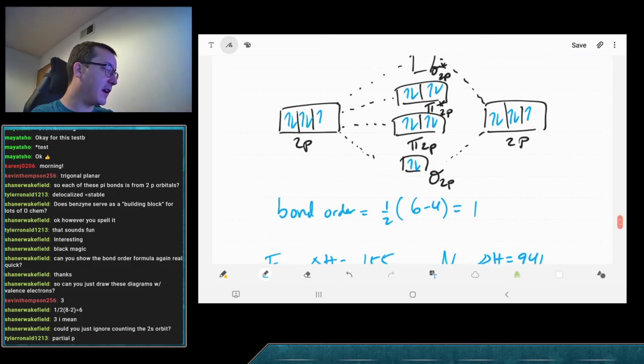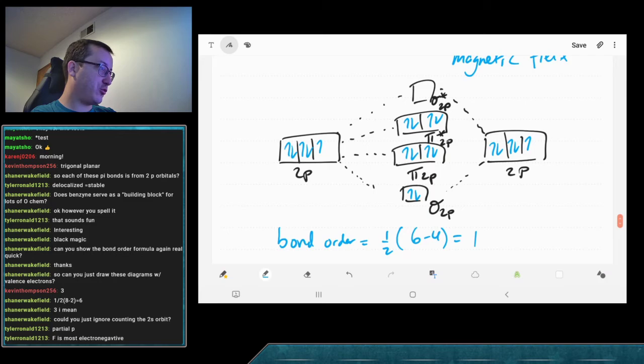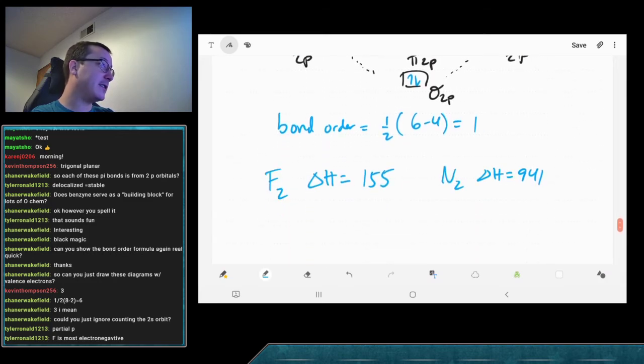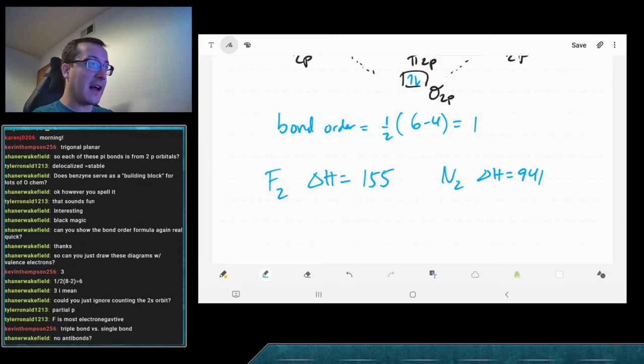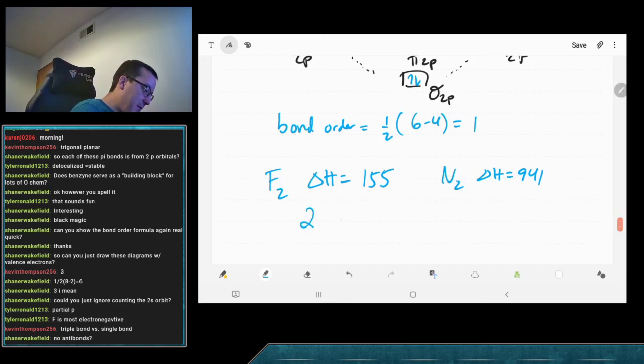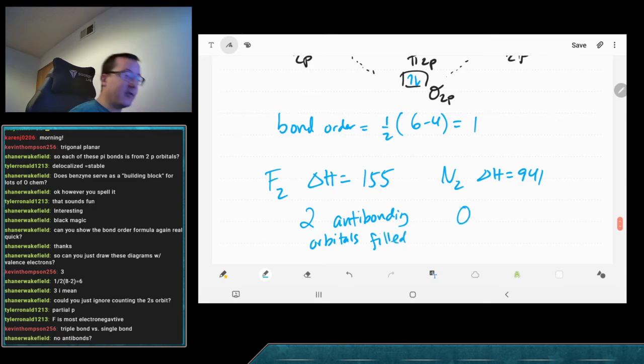Taking a look at their molecular orbital. True, but that doesn't matter here because it's bonding with other fluorines. Yeah, so Kevin's got the kind of idea I was going for, and Shane, that's exactly the last point I wanted to illustrate. Yes, we have two anti-bonding here. Just looking at the P part, by the way.